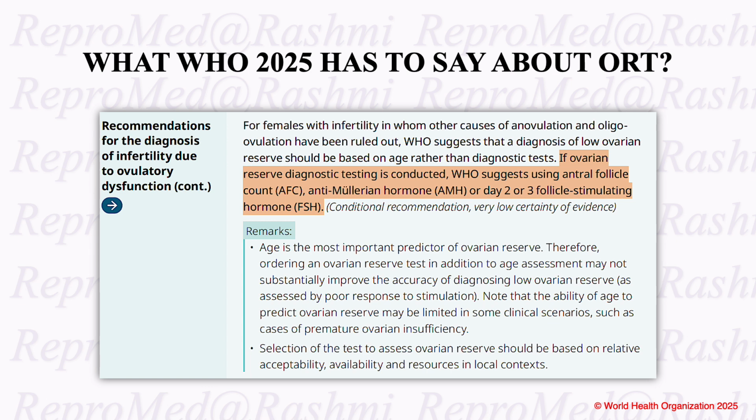The WHO 2025 guidelines say that if ovarian reserve diagnostic testing is conducted, WHO suggests using antral follicle count, anti-Mullerian hormone, or day 2 or day 3 FSH. Apart from these, other tests like the clomiphene citrate challenge test, inhibin B, and ovarian volume should not be used to assess the ovarian reserve.